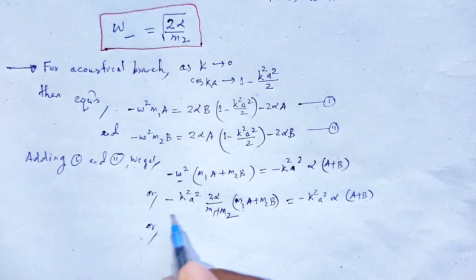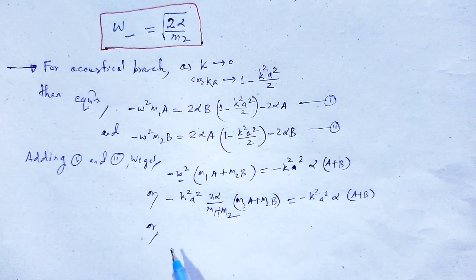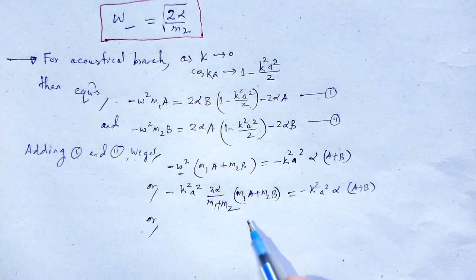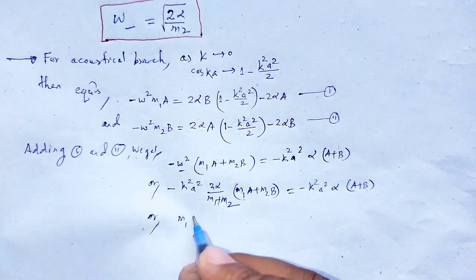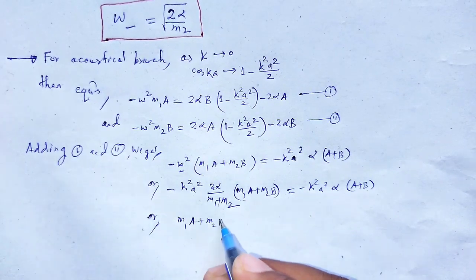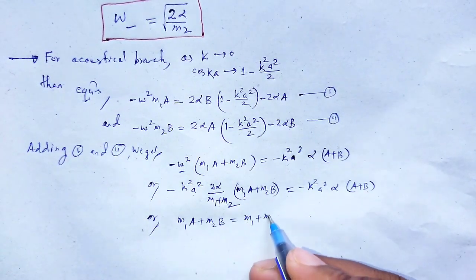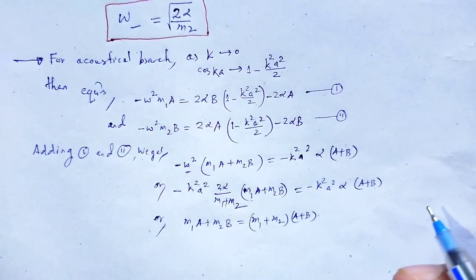On both sides the terms are cancelled out, k²a² minus α, and we have m1 plus m2 multiplied here. So, we have m1a plus m2b is equal to (m1 plus m2) whole into (a plus b).